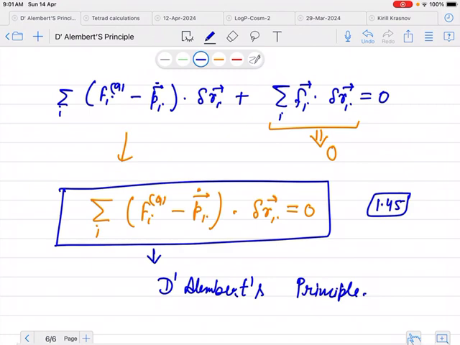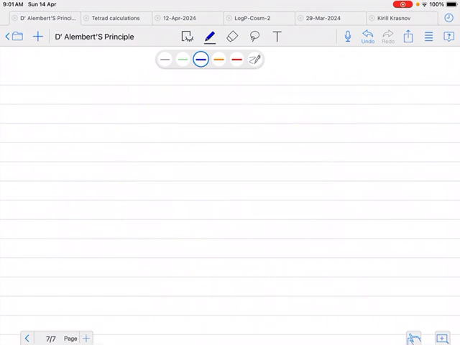The force of constraints no longer appear, and we can drop this superscript A. Okay, so there is no ambiguity now because there is only one force, so we drop this A and we can write down directly Fi minus Pi dot del Ri is equal to 0.